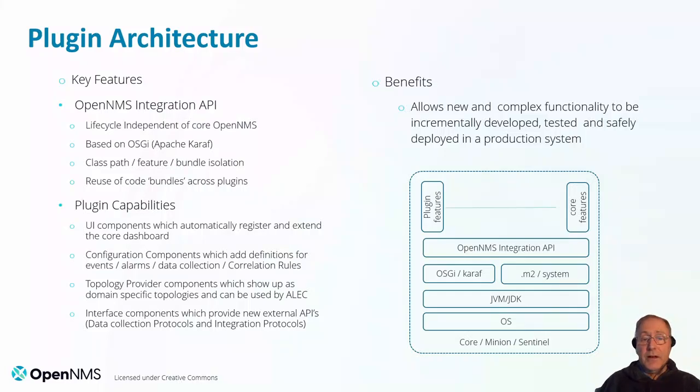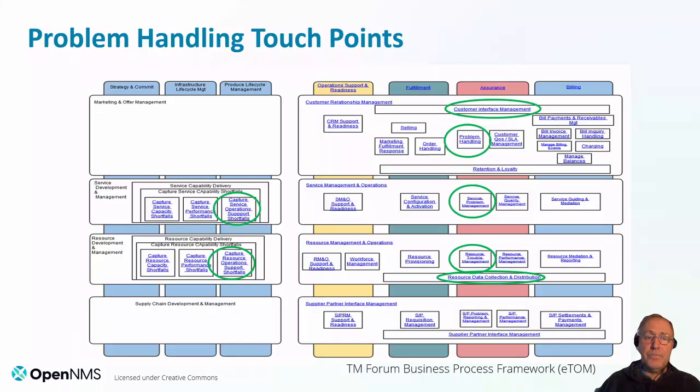For instance, we have a plugin for OpenDaylight that allows us to connect to SDN networks, and other similar plugins are available. So the plugin architecture is a key way in which people can contribute to the OpenNMS project and provide their own plugins to extend the capabilities of the environment.